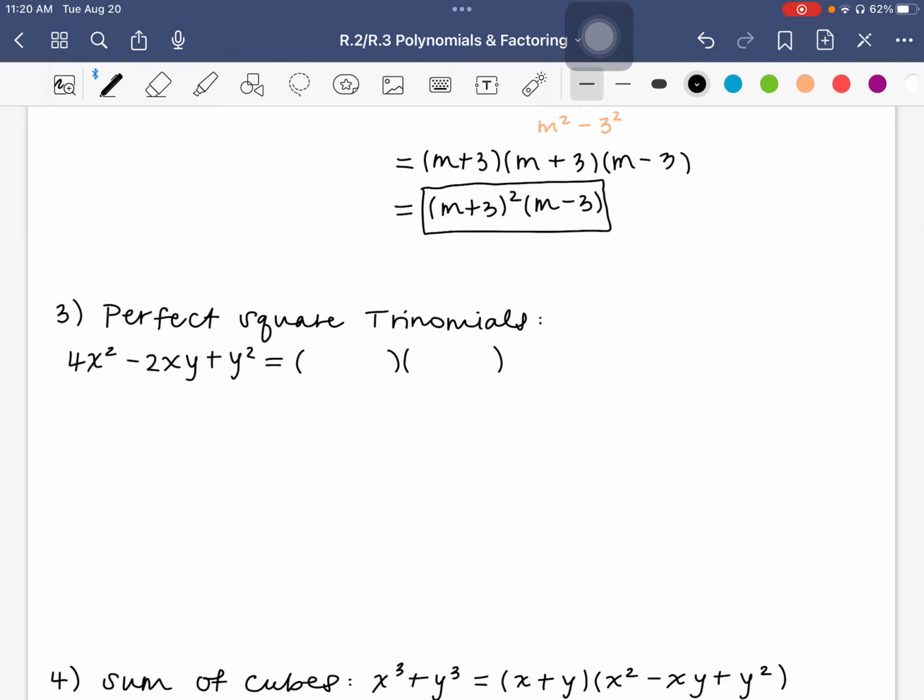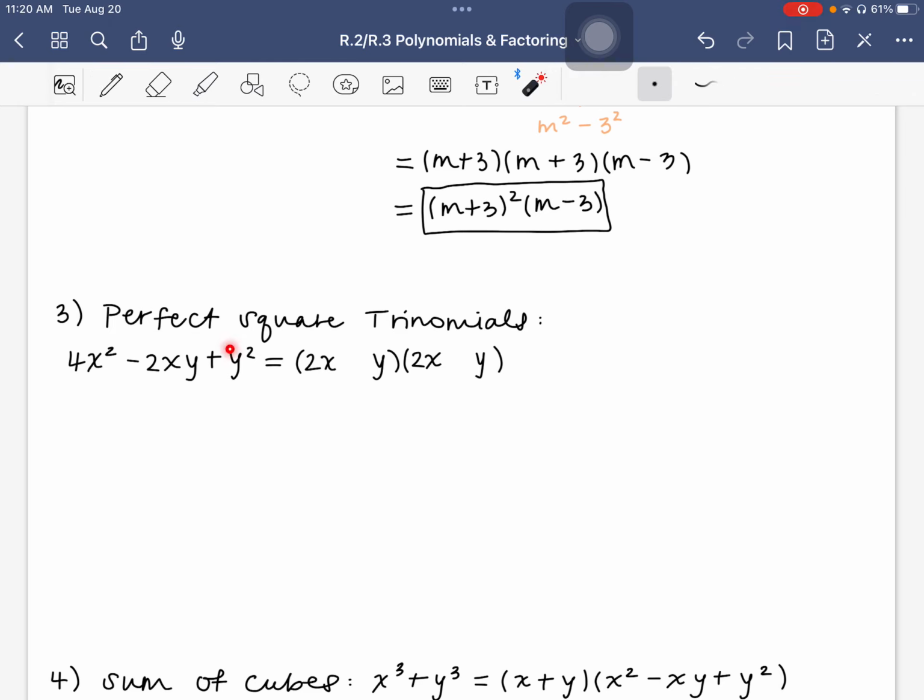So again, the square root of 4 is 2, and x squared is just x, so we get 2x and 2x here. These guys will multiply to get 4x squared. And then we also know that the square root of y squared is just y. So we end up with y's there.